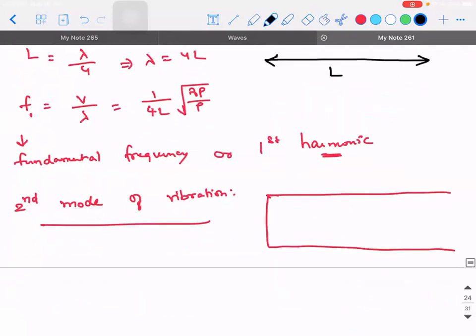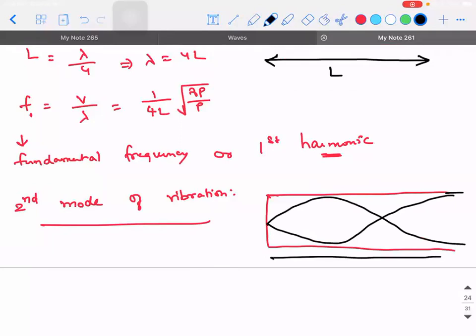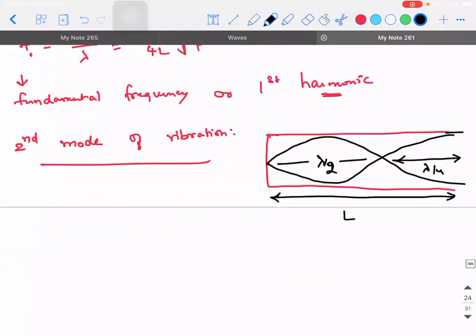Then how many standing waves do you think we'll have in the second mode of vibration? You will have one complete standing wave and another half standing wave. So this distance will be lambda by 2 and this distance will be lambda by 4.